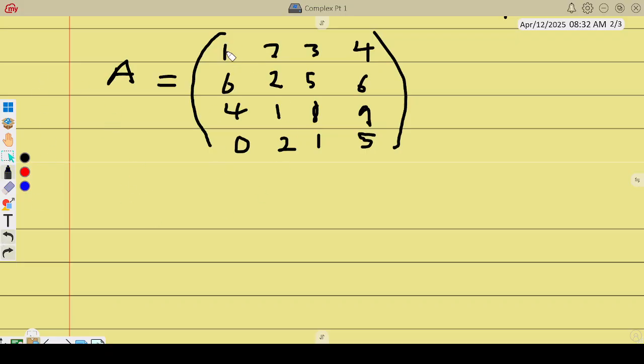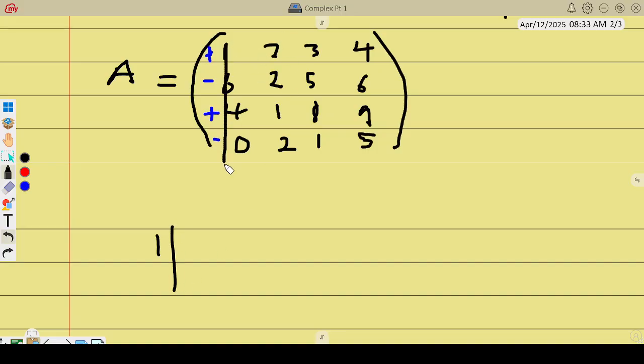If we choose the first column, meaning we're going to find the cofactors for each of these. So we start with 1. Don't forget this is plus minus. That's how they alternate. Taking the first one, 1 is positive.